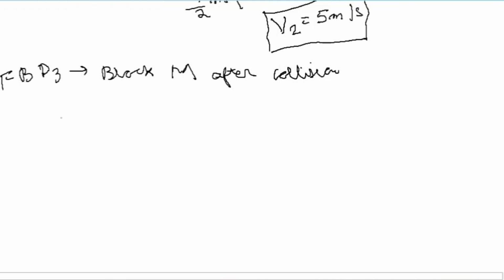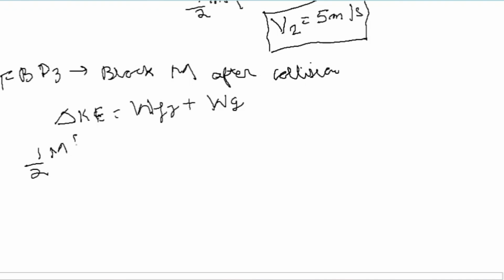So what will happen is again the same work energy theorem, delta KE will be equal to work done by the frictional force plus work done by gravity. Now delta KE for the block of mass capital M will be equal to half into capital M into final velocity square minus initial velocity square, that is the v3 square.